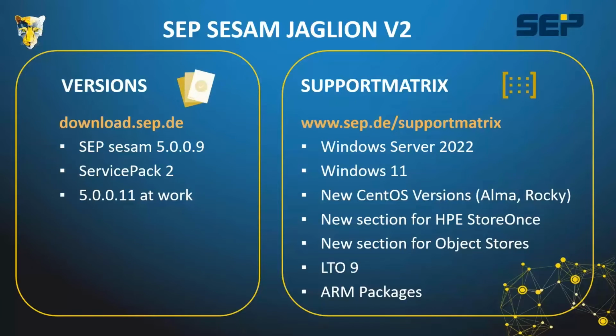We have two new sections in the support matrix because we have also enhanced it with respect to HPE StoreOnce as well as the object stores, and therefore we have new sections especially for these two topics.